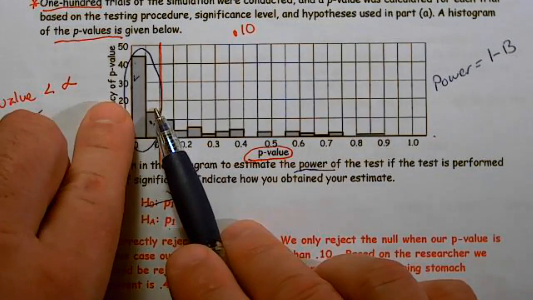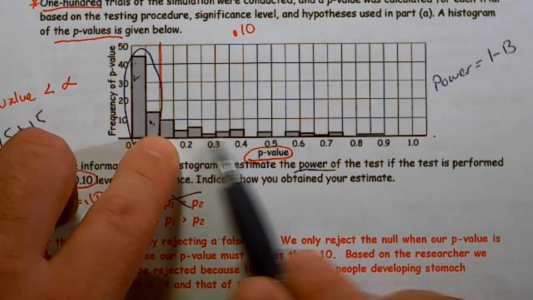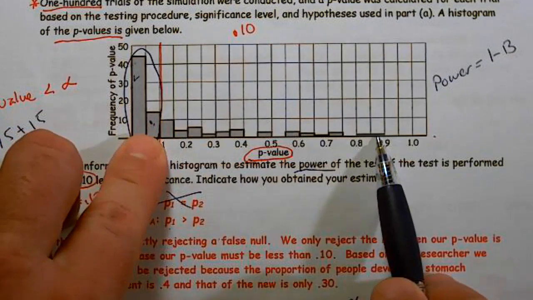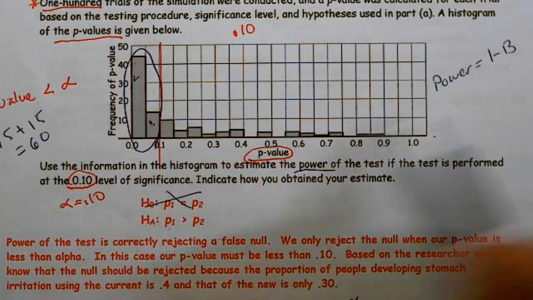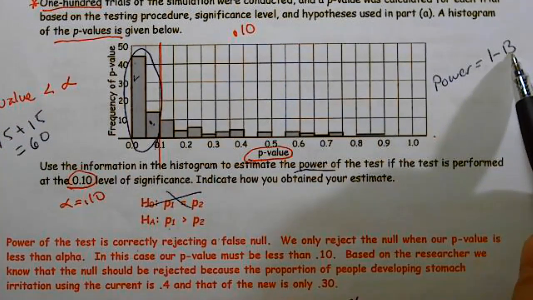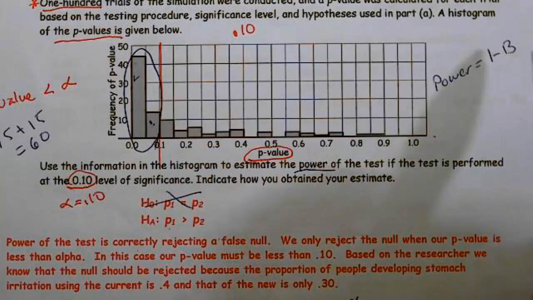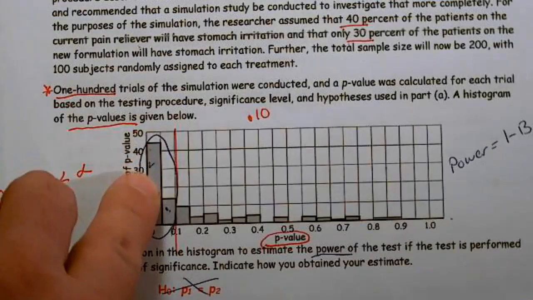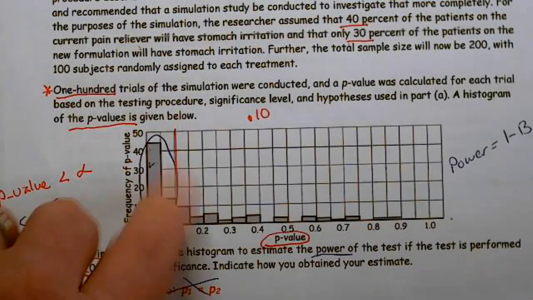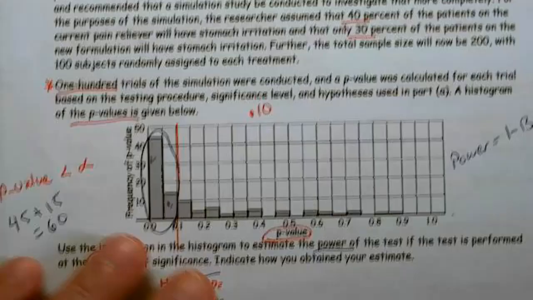This is probably harder, because that's a tough thing to estimate since those bars are very small. But if they show that, even though their numbers are going to be a little further off, they can get full credit. The easiest way to think about this is looking at the 2 bars where I'm going to be rejecting.